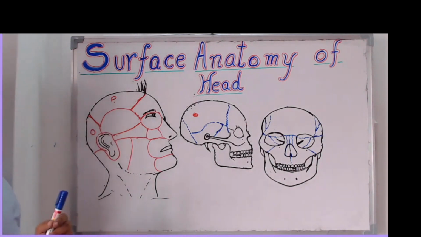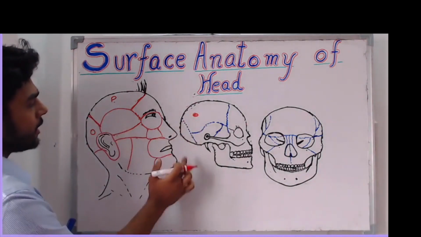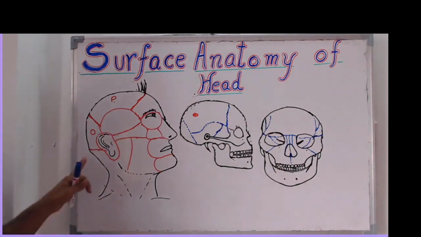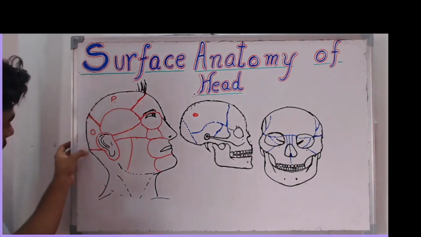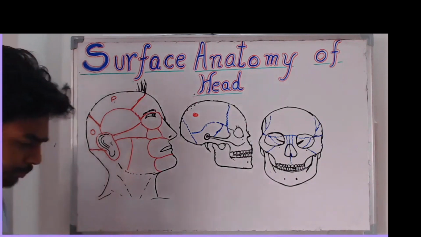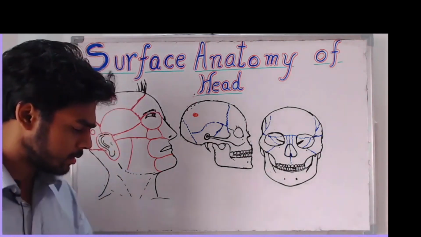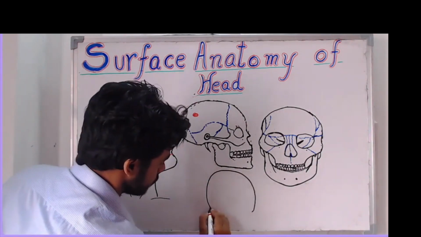The occipital region is behind the parietal eminence, and it is above the occipital protuberance and superior nuchal lines. Here you can feel the occipital protuberance, and when you see the norma occipitalis, that is the skull from the back, you will find the structure like this.